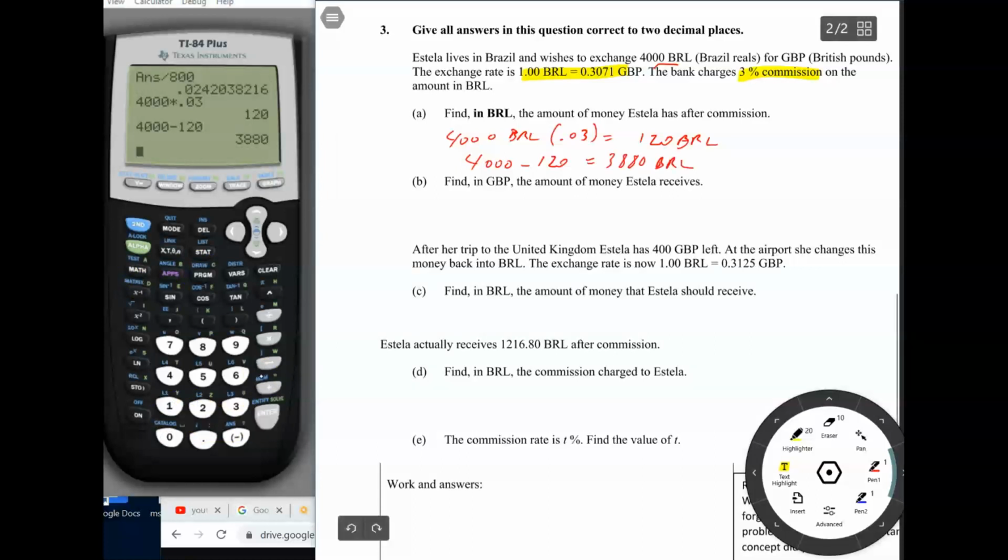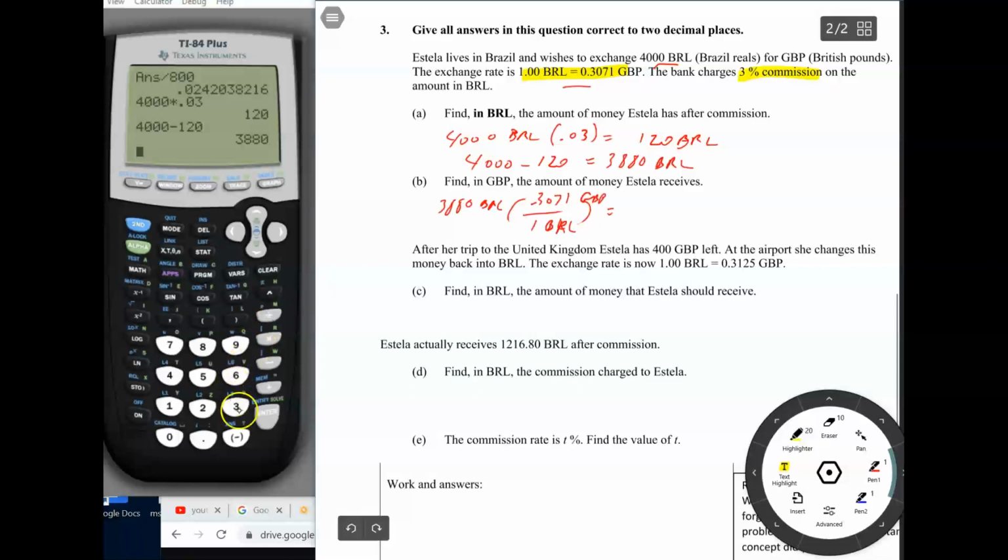Find in GBP the amount of money Estella receives. So now I'm going to take my 3,880 Brazilian reais and multiply it times the domino here. On the bottom, of course, I'm going to put Brazilian reais so they'll cancel, and on the top, I'm going to put 0.3071 GBP.